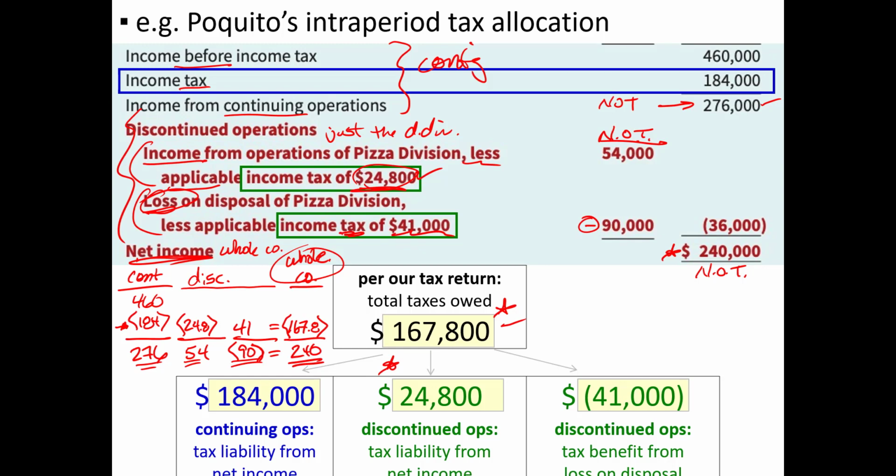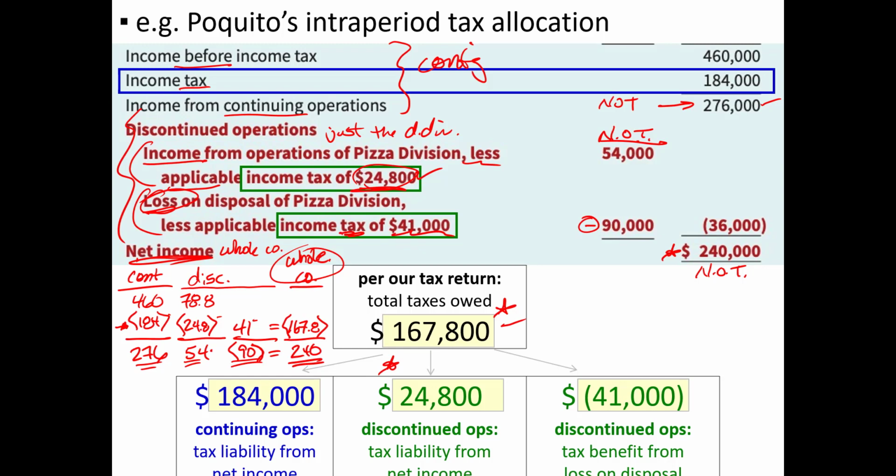In our tax return, we break down, of course, that there's a tax benefit and there's a tax liability as such. You can go a little bit further if you wanted to and figure out the net income on a gross pre-tax basis for the discontinued operations. If you look at the income statement of just the pizza division that we're getting rid of, it would show pre-tax income of 78.8.